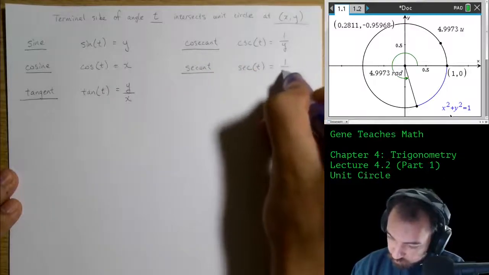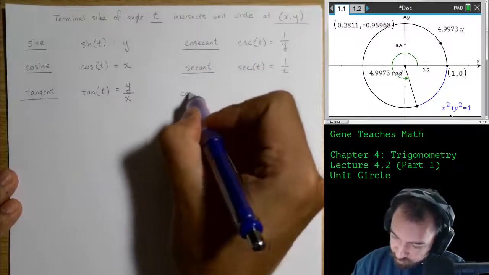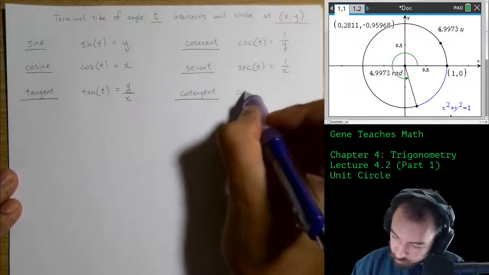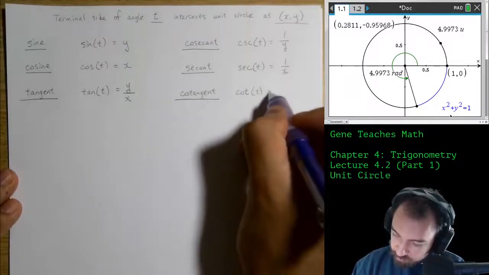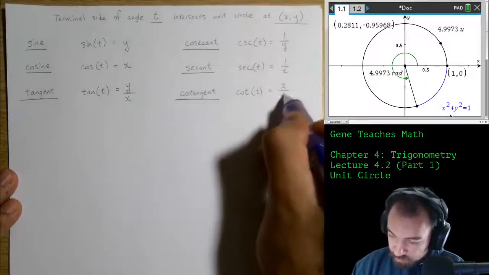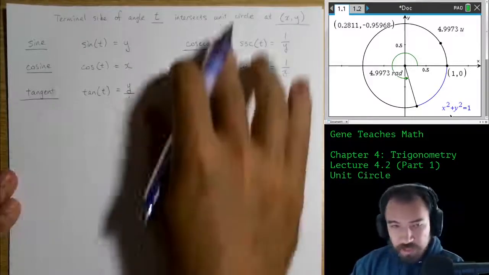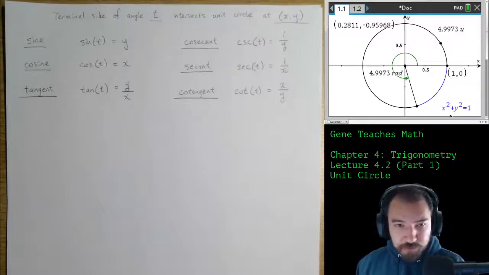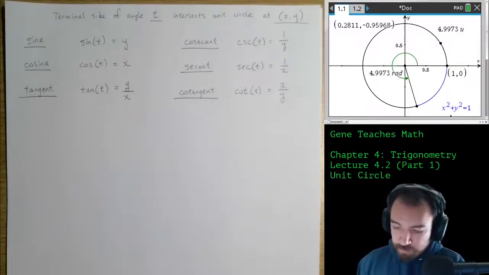So this is going to be 1 over x. And then finally, cotangent, which we write COT, cotangent of t, is going to equal the reciprocal of tangent of t. So we're going to have x over y. And these have geometric significance as well, but that will be a topic for some other time, not today.